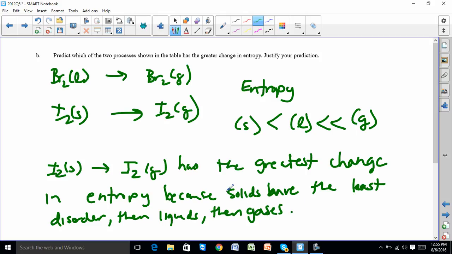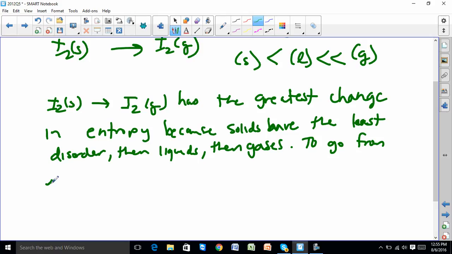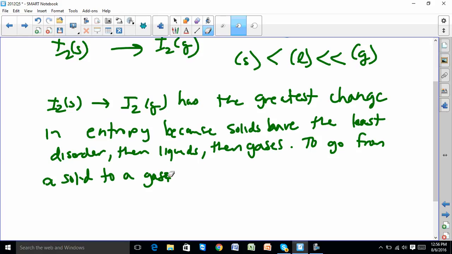And so to go from a solid to a gas, sorry, probably should erase that so that you can read my writing.